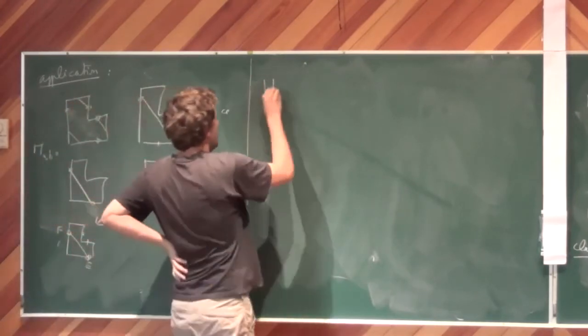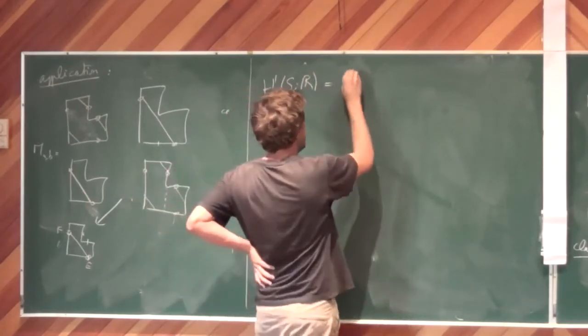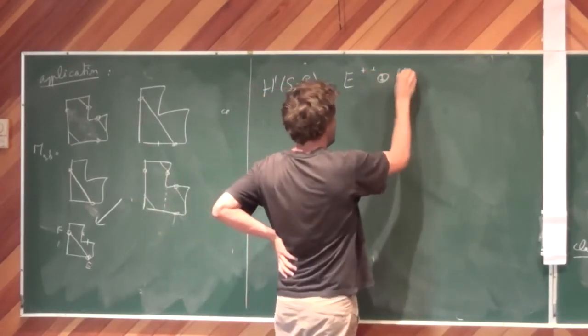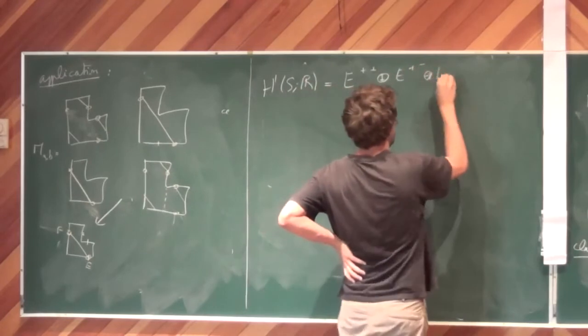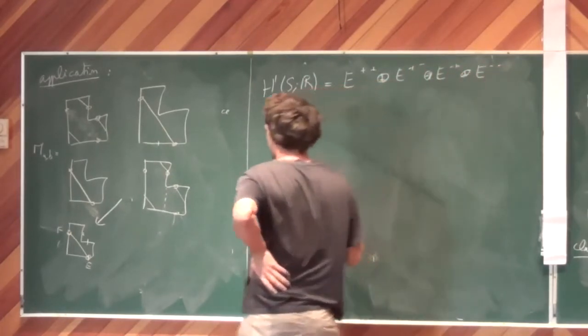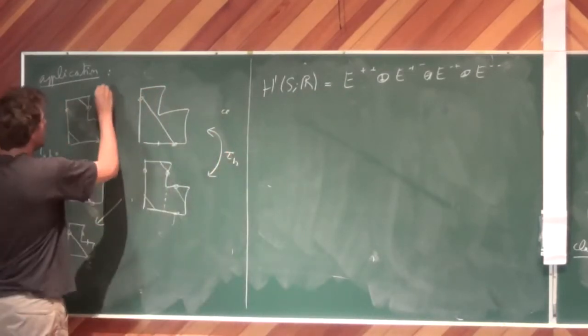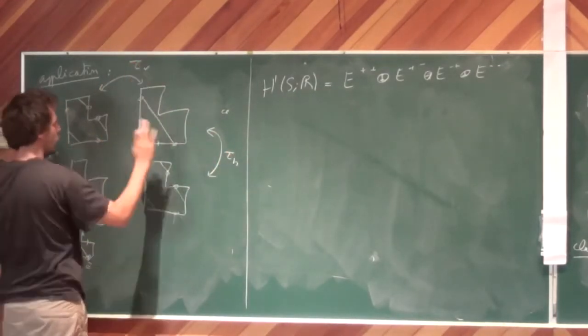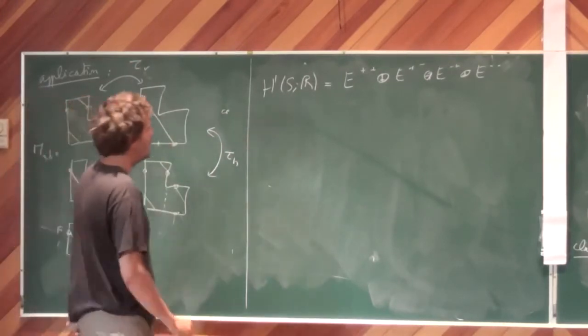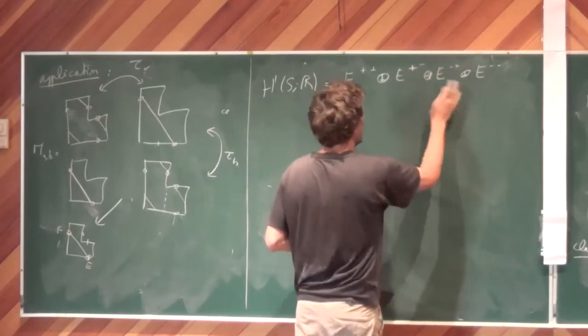And now, the argument is as follows. You look at the cohomology, and it splits into invariant subspaces, invariant to the symmetries, E minus plus plus E minus minus. So what are these guys? You have two translation symmetries here, tau H and tau V. And these are the invariant and anti-invariant subspaces for those two.